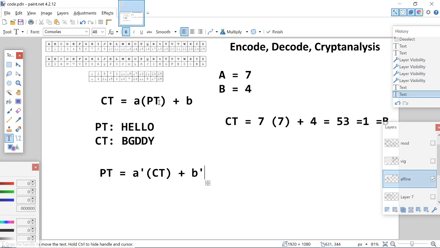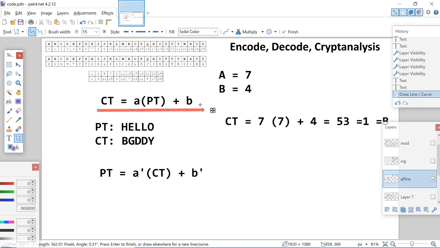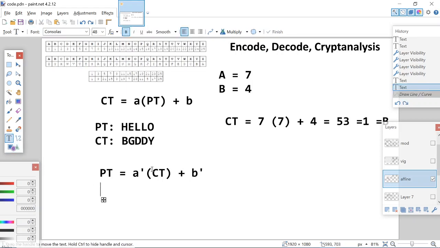Now, technically the correct formula would be, if you do the math to rearrange this top formula, because this top formula is technically the one that you should be basing this off of, but I'm not doing that because I'm lazy. But it should be CT minus B divided by A equals the plaintext.